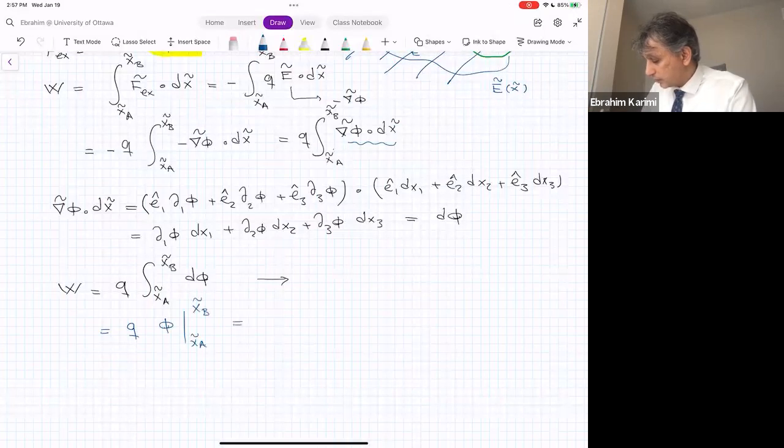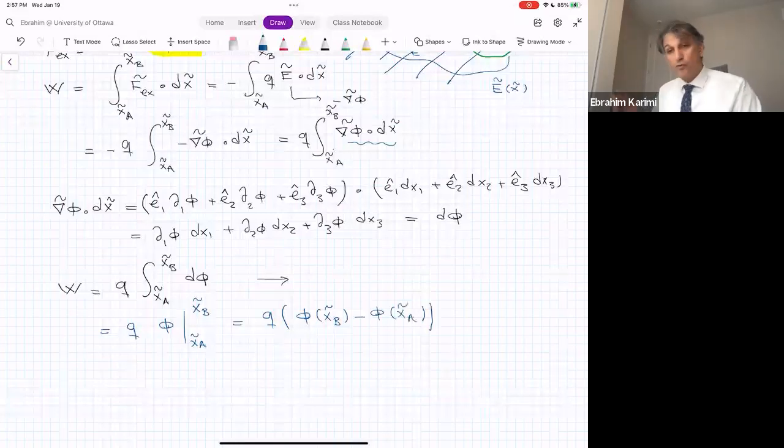So it means that will be q times phi at the position of b minus phi at the position of a. Remember that we are moving from a to b. So the first potential is the potential at b, and the second potential is the potential at a. So it will be q times delta phi, the change in the potential. Okay?